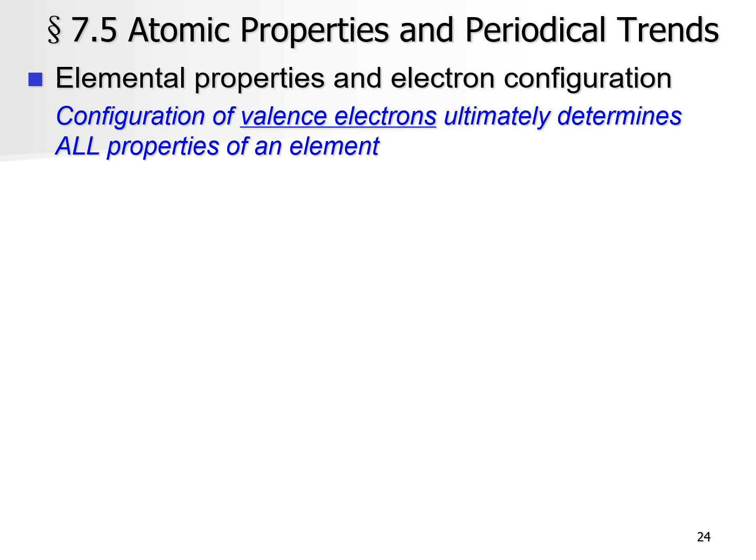It is the configuration of valence electrons that determines all properties of the element, especially for a main group element. So that means once we have the electron configuration, we can, in theory, predict all the physical and chemical properties of the element.